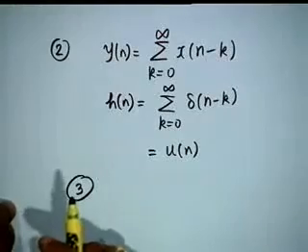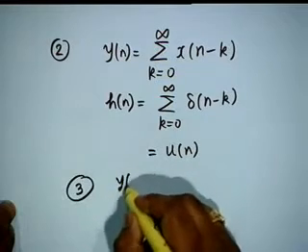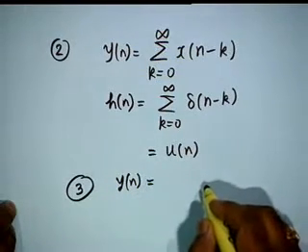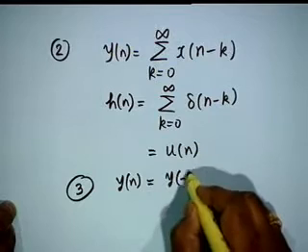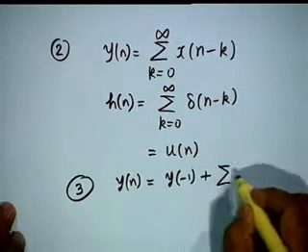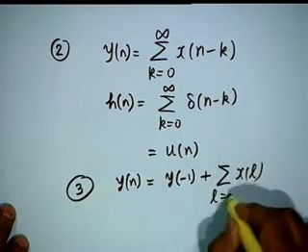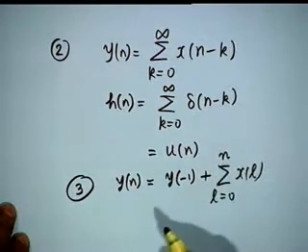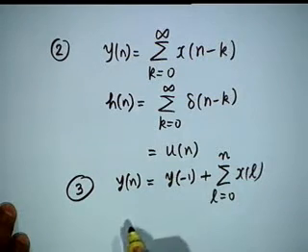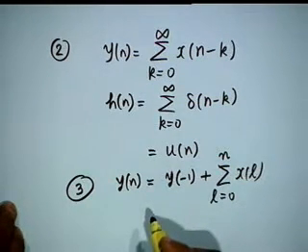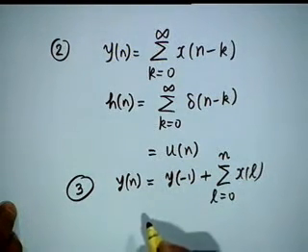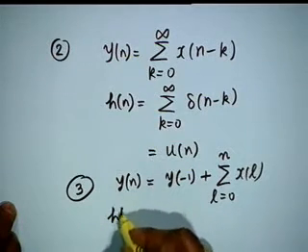All right. Let's take a third example. Suppose we take the third description of an accumulator, that is y of n in terms of initial condition is y of minus 1 plus summation x of L going from 0 to n. What do you think its impulse response h of n shall be?